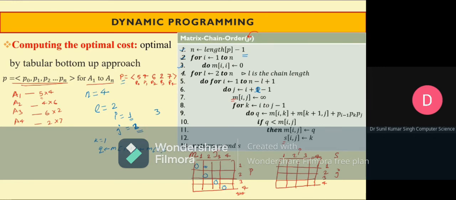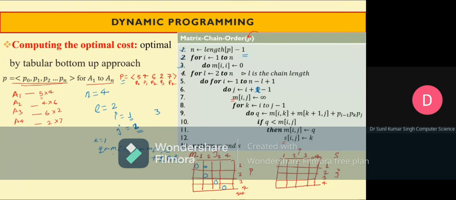So it will be M22. And then after that, p of I minus 1, pk and pj. Value of I is 1, so p of I minus 1 is going to be p0, pk is going to be p1, and pj is going to be p2.